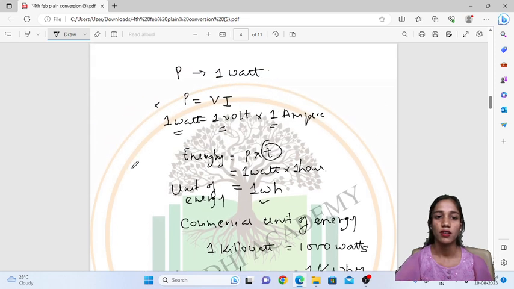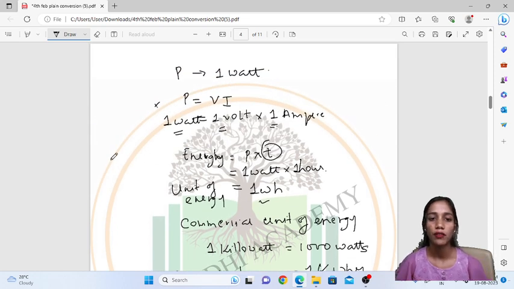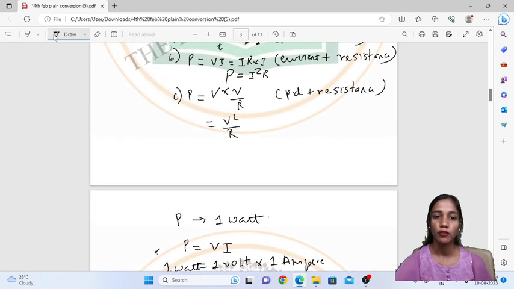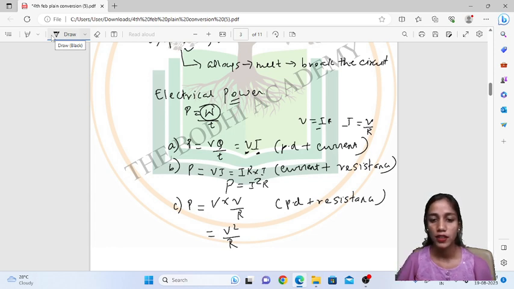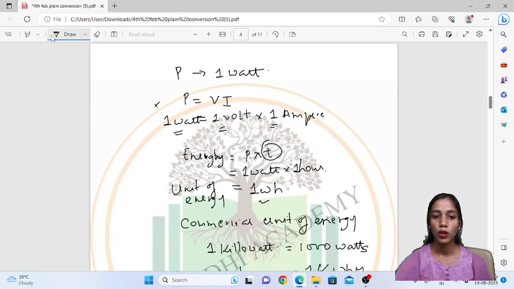First of all, now let's revise. Power is V into I. It is also given by two other formulas. The second one is I square R, considering current and resistance. The third one is considering the potential difference and resistance, V square by R. Then we talk about energy.